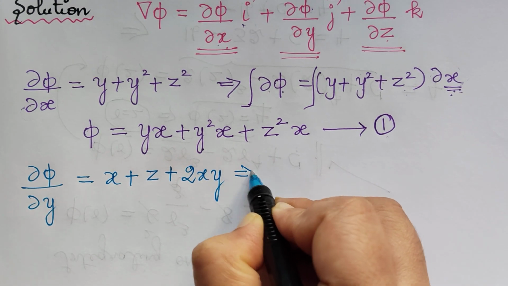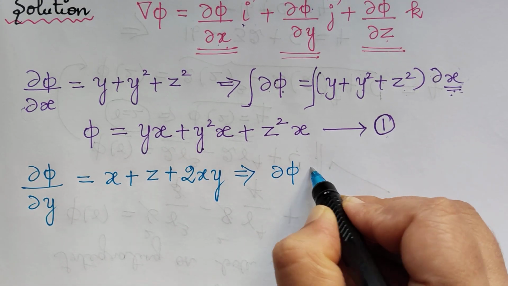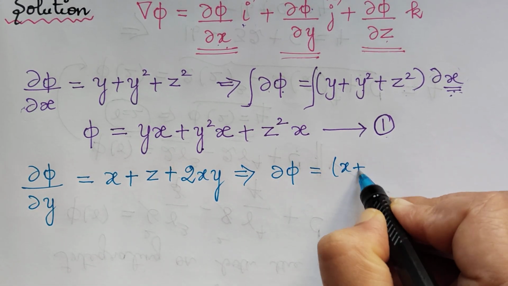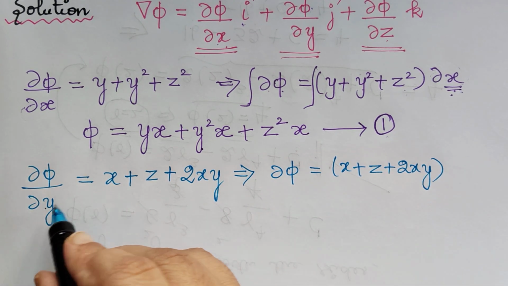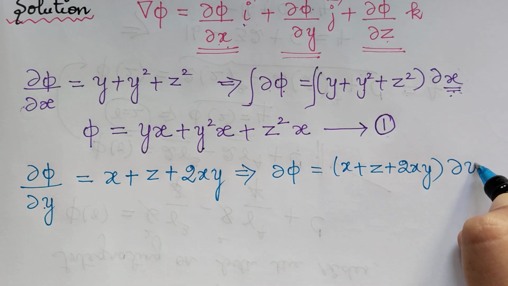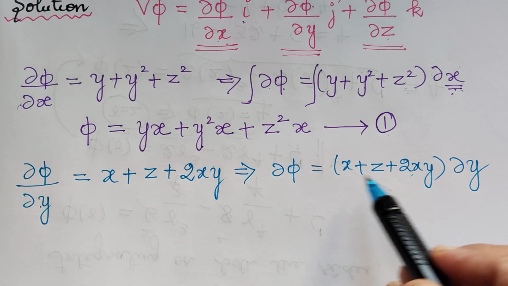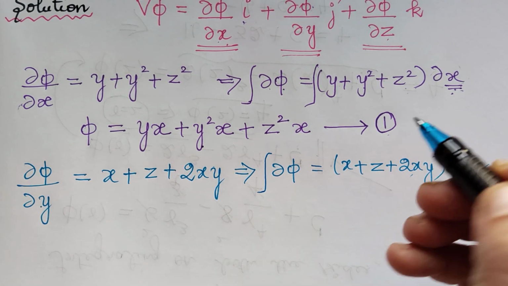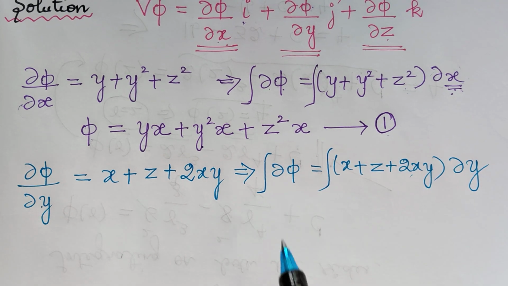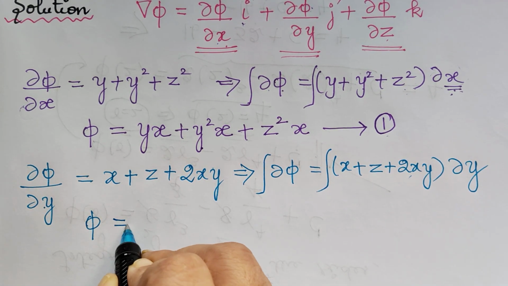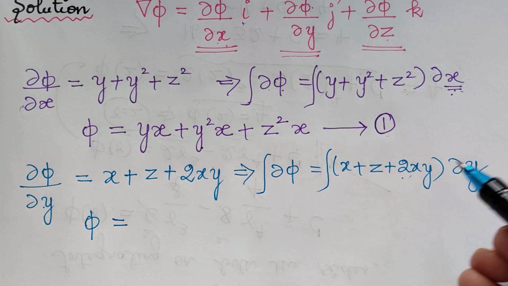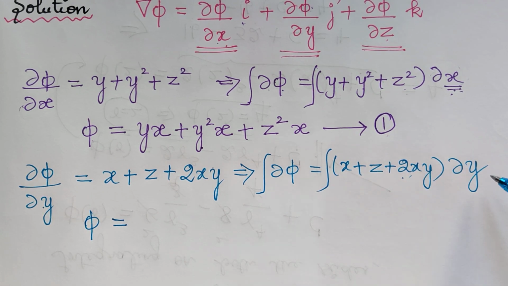Now from this we get dou phi is equal to x plus z plus 2xy, and this dou y goes to the right, so dou y. Now we shall integrate on both the sides. So integrating on both the sides, what is the integral of dou phi? It is phi. That is equal to, now on the right, we have to integrate with respect to y.